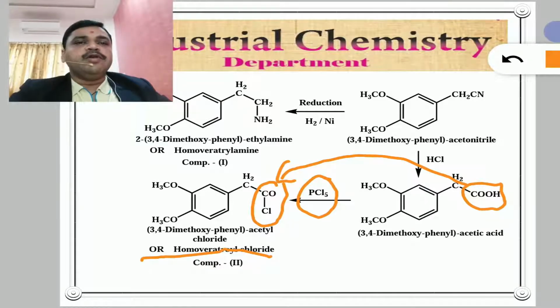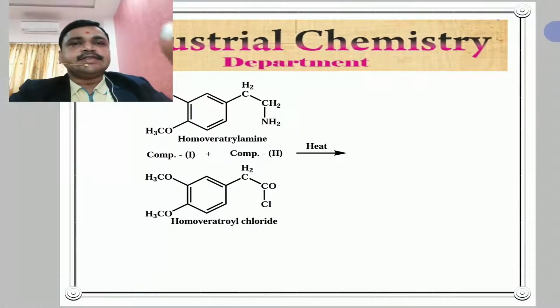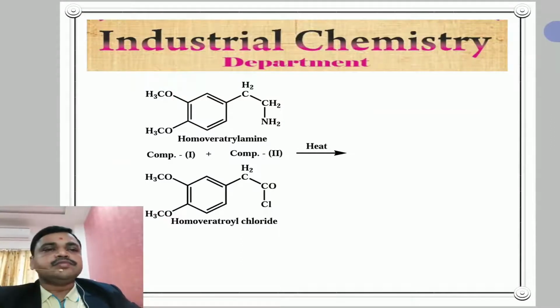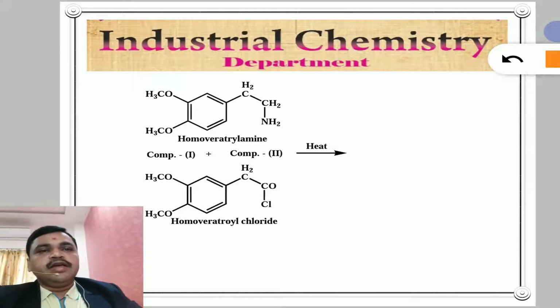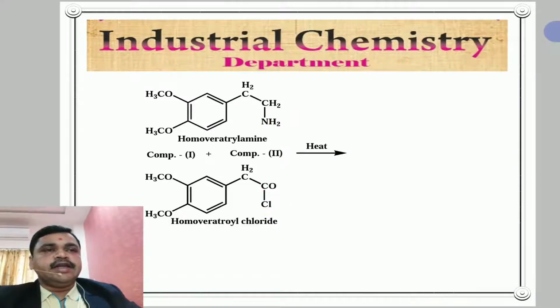Now compound number 1, homoveratrylamine, and compound number 2, homoveratroyl chloride, are condensed. Condensation takes place: hydrogen from here and chlorine from here, with removal of HCl. Heating takes place.